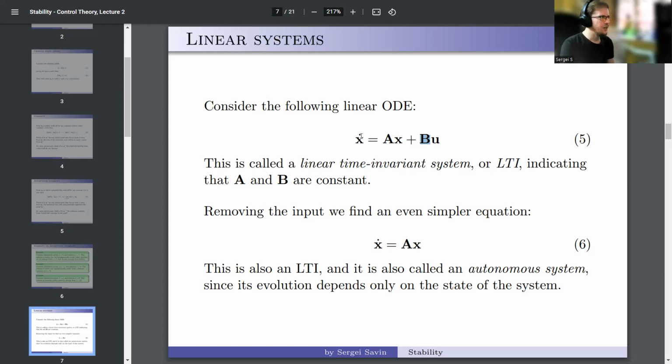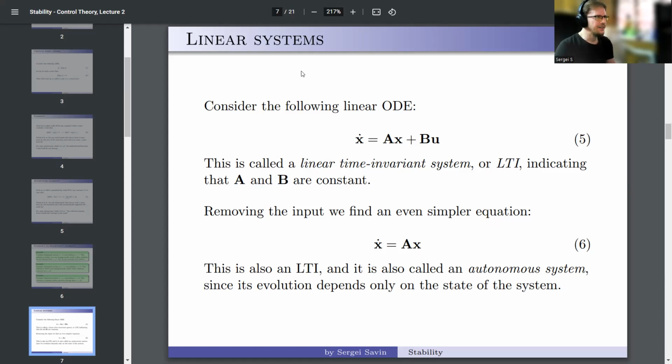But why do I bring it up? Because the machinery that I'm going to give you now works for LTI systems. I'm going to discuss stability, and my discussion will be true for LTI systems, for systems where A and B matrices are time invariant, so constant.